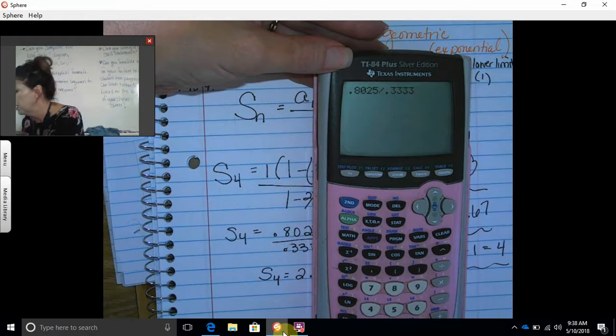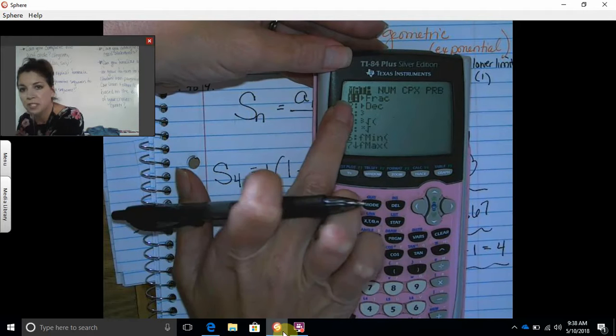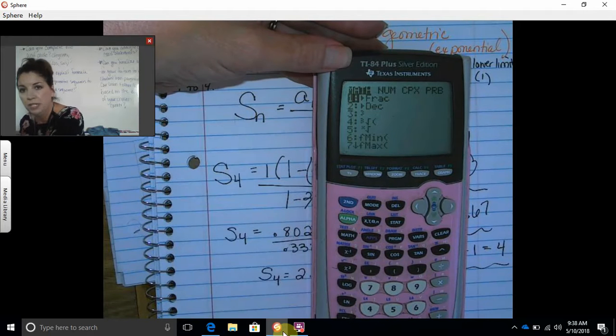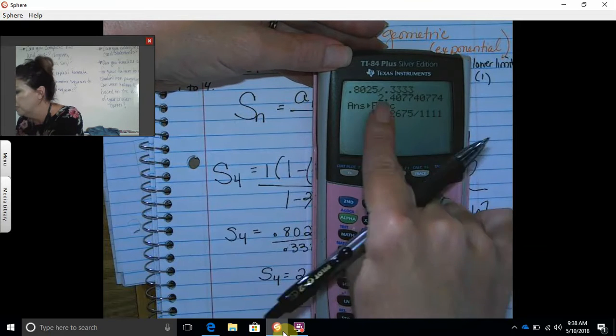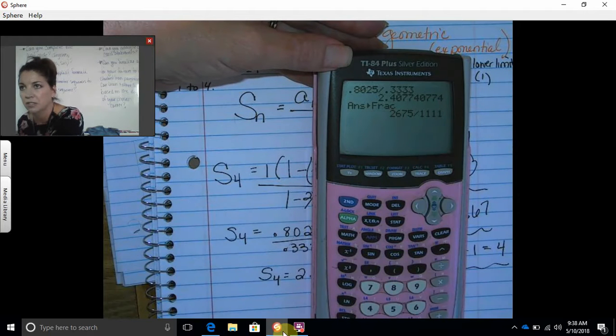So there's the decimal. If you go up to math, option 1 is fraction. Since it's already on option 1, if you just press enter, you'll get that on your screen. If you press enter one more time, it will give you the fraction form of the decimal that was your last answer. You're welcome.